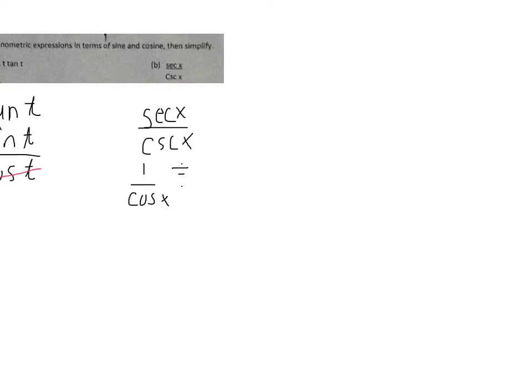We're dividing that by cosecant of x, which is equal to 1 divided by sine of x. So now we have 1 over cosine of x divided by 1 over sine of x.